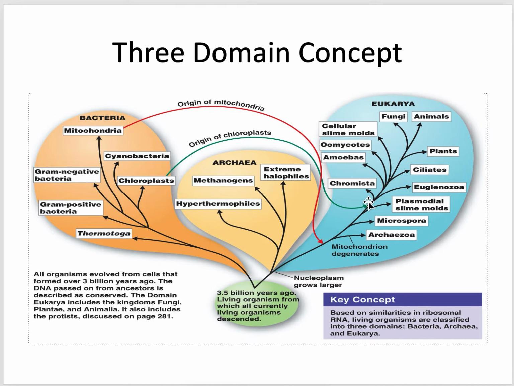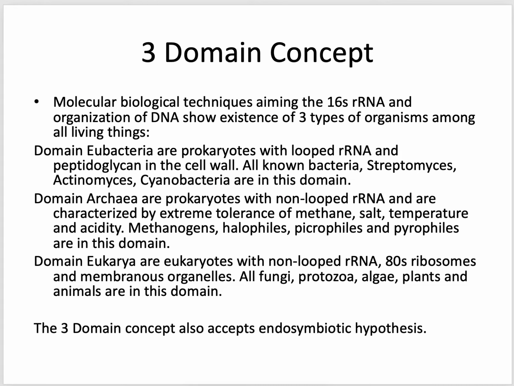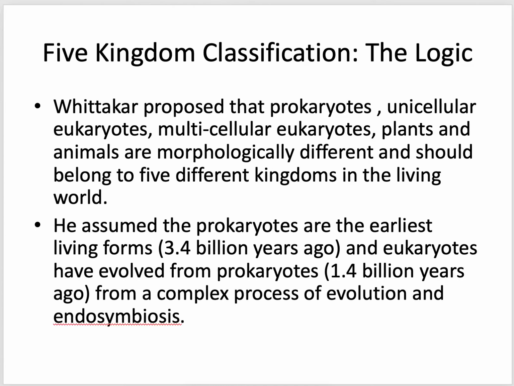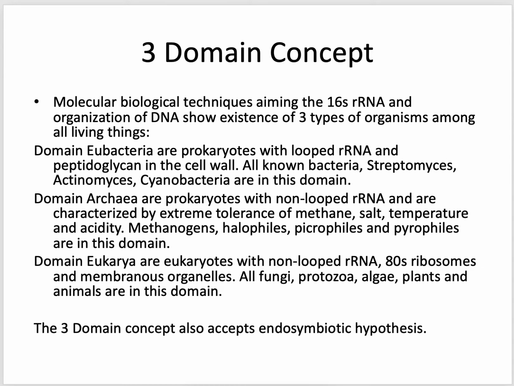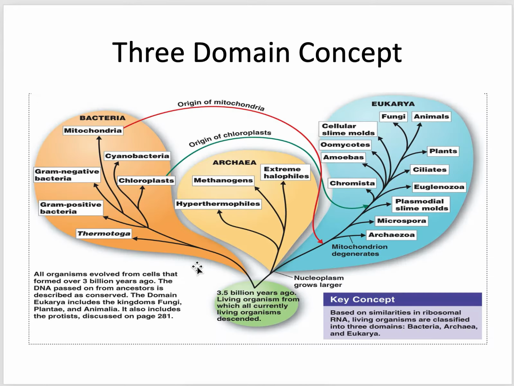Basically, this three domain concept also accepts the endosymbiotic hypothesis, which was first proposed by the five kingdom classification system, that means by Whittaker. If you remember, the endosymbiotic hypothesis means that eukaryotic cells evolved from prokaryotic cells.